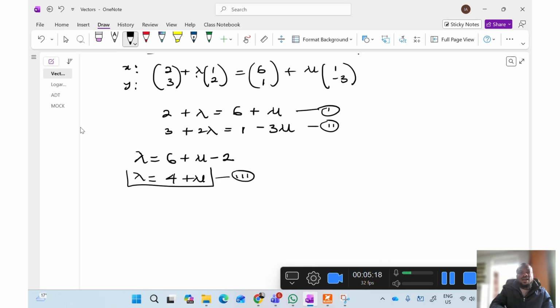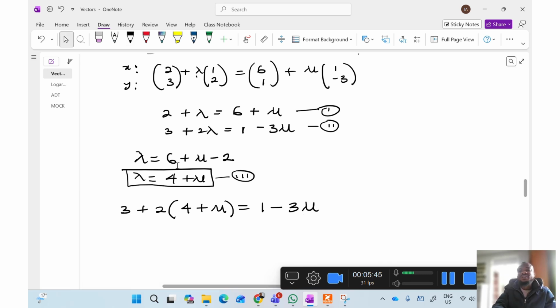Then I can substitute the value of lambda into equation 2, because equation 3 is gotten from equation 1. So I should not substitute equation 3 into equation 1, I should substitute it into equation 2. So this implies 3 plus 2 lambda, where lambda is 4 plus mu, is equal to 1 minus 3 mu.